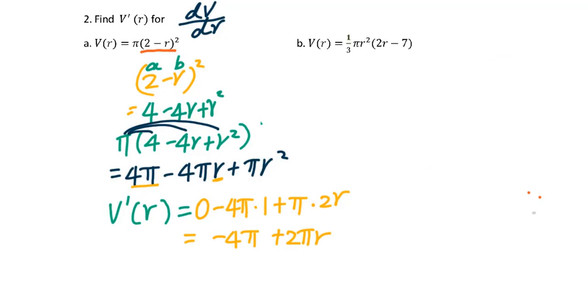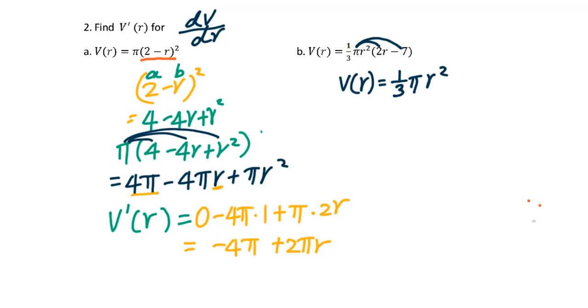Let's go to B. We got to do the distributive property for this. So you get V of r equals 1 over 3 pi r squared times 2r, minus 1 over 3 pi r squared times 7.